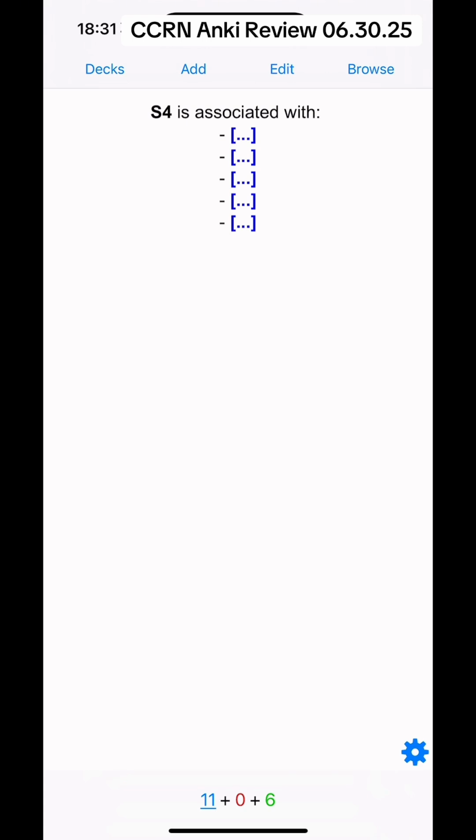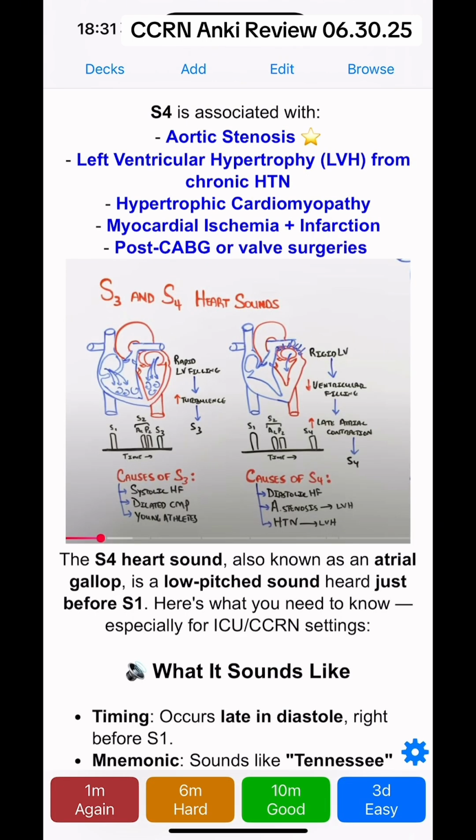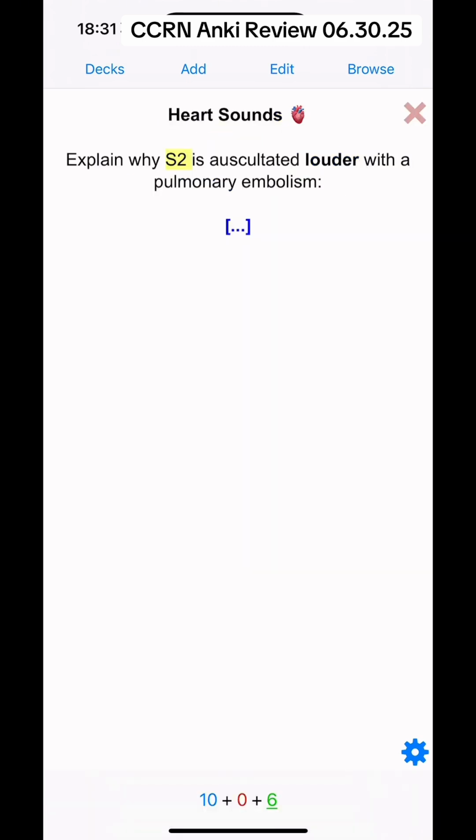It's a diastolic problem with hypertrophy of the ventricles, myocardial ischemia, and infarction. Aortic stenosis is the real takeaway here. But essentially, it's a diastolic problem. Also post-CABG and valve surgeries.